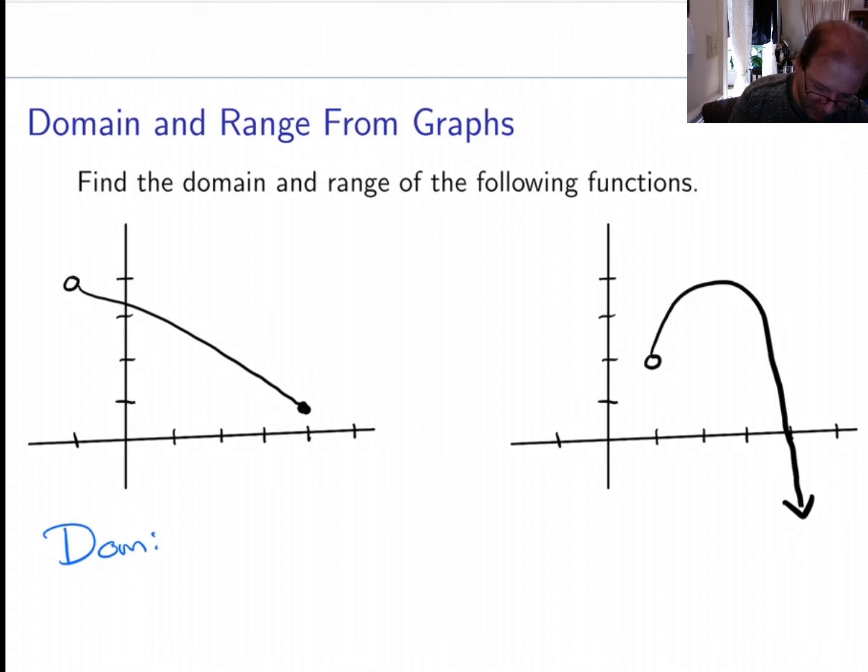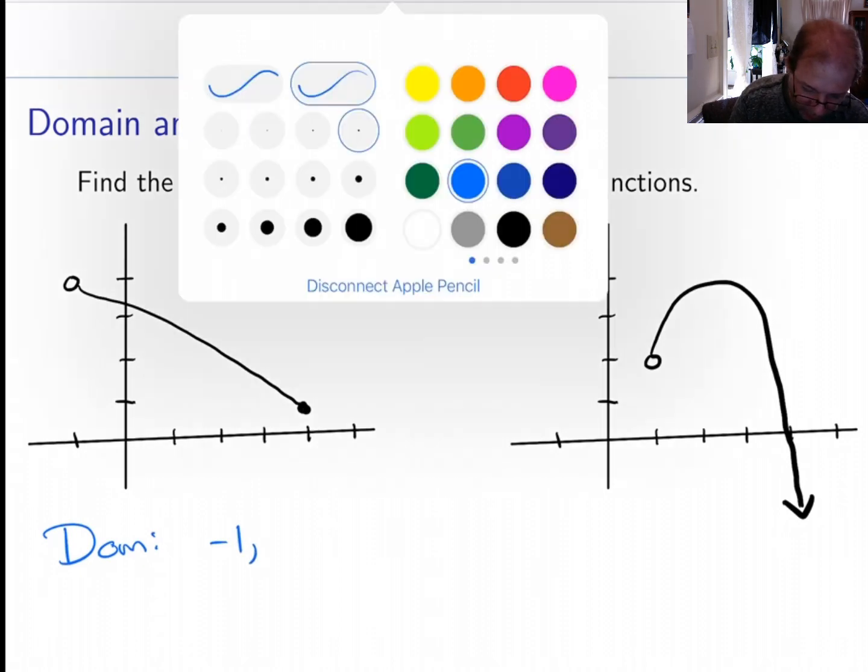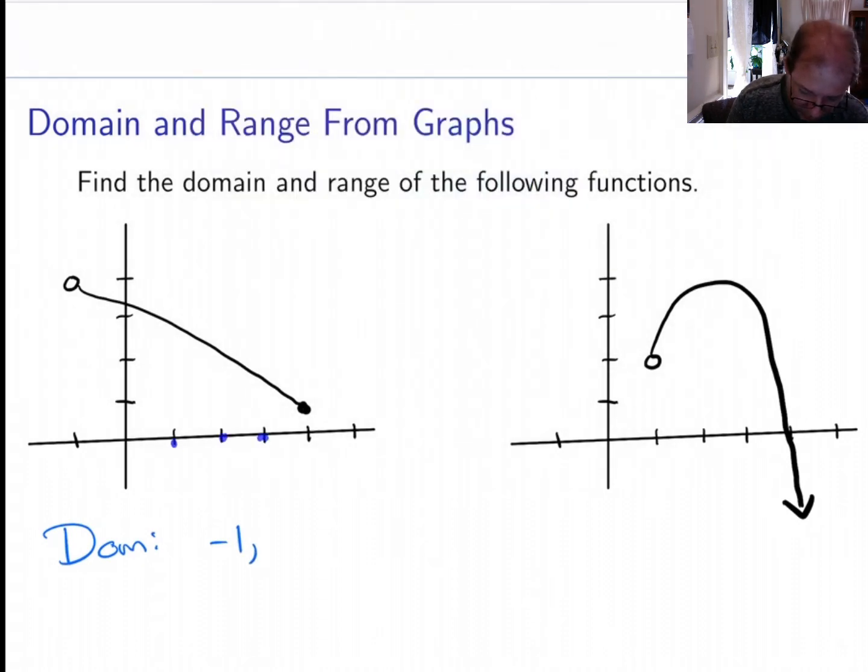So if we look at the x-coordinates of all of these points, this open circle has an x-coordinate of negative 1. And the closed circle has an x-coordinate of 1, 2, 3, 4. Now, the closed circle, we actually include that.